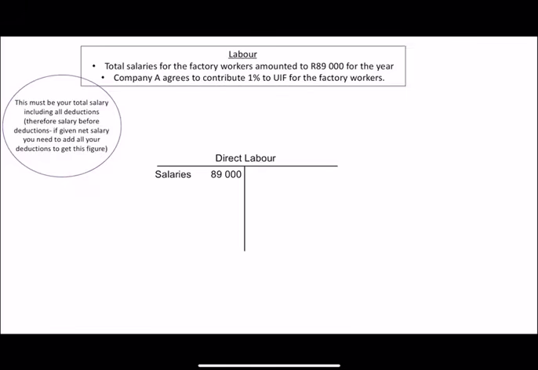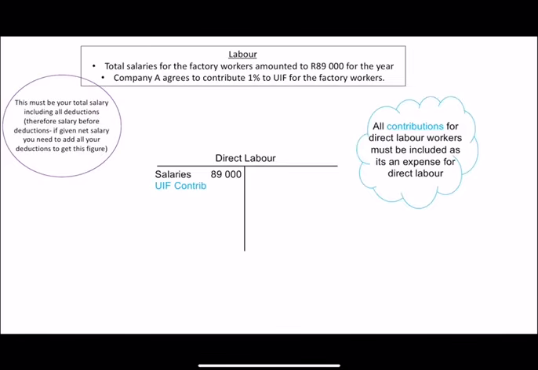Next we go, Company A agrees to contribute to UIF for the factory workers. Now it's very important to understand that our UIF contribution and any other contributions are placed in our direct labor. Why? It is because these are expenses to the business for labor. So we have to include it in our cost of labor. When we employ these workers, if we are contributing to the UIF, it is an expense to labor.